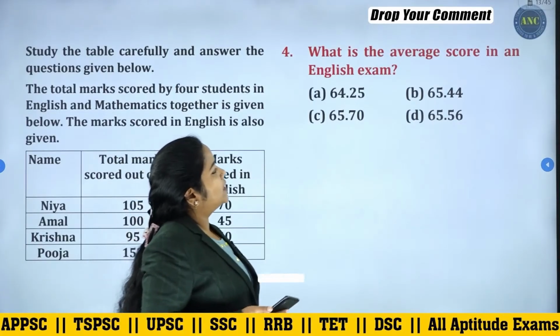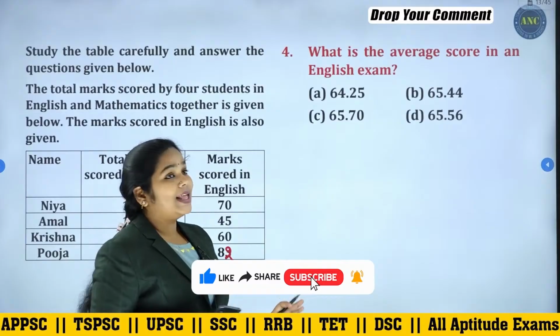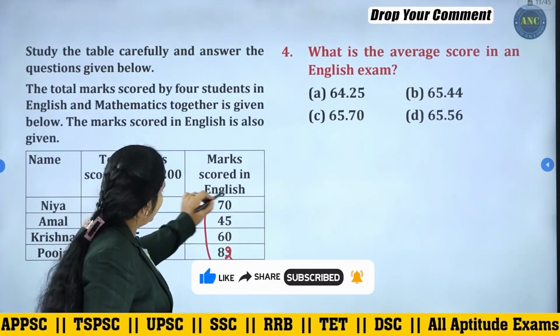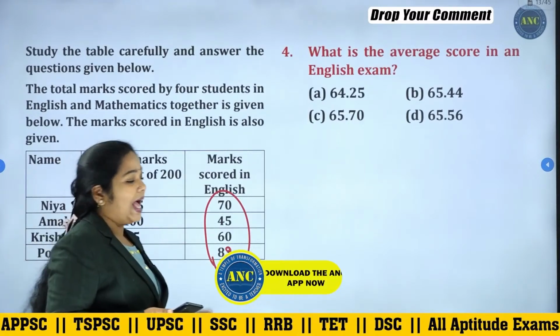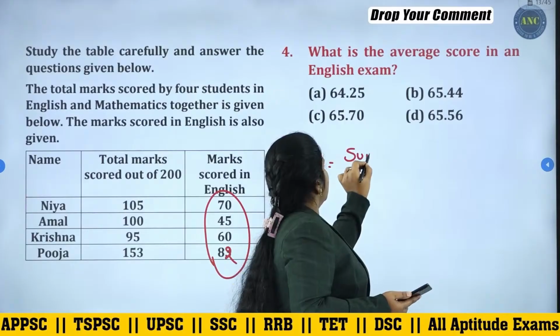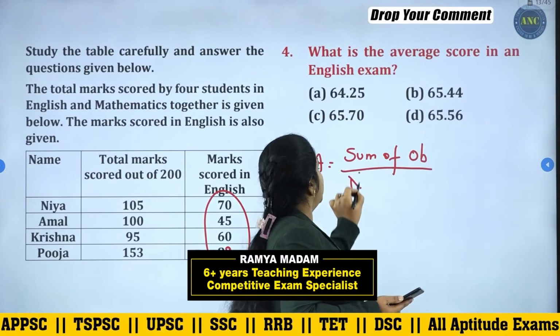What is the average score in an English exam? Okay. Now, they are asking the average score in English exam. Already we have the details of English exam. Average, what I told you, average is sum of observations by number of observations.